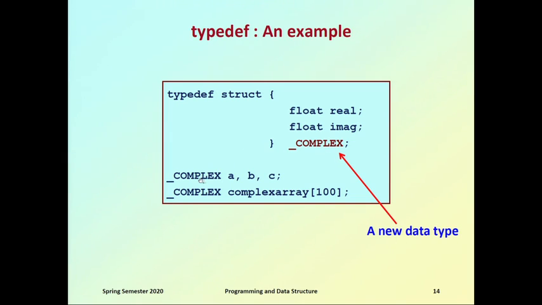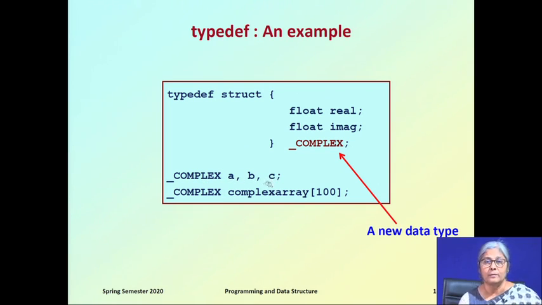Now, like we write int a, b, c or float a, b, c, we can write complex a, b, c, that means a, b, c are all variables of type complex. Similarly, for an array of structures we just read, complex array[100] means an array where each element is of type complex.